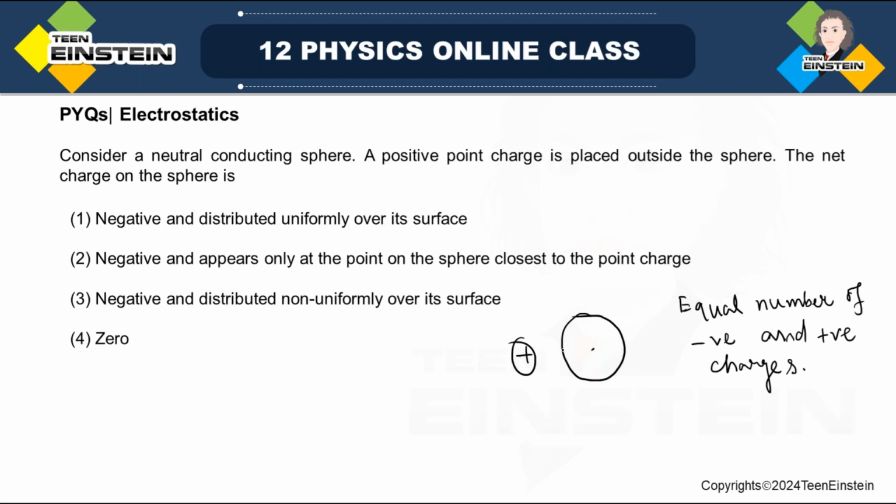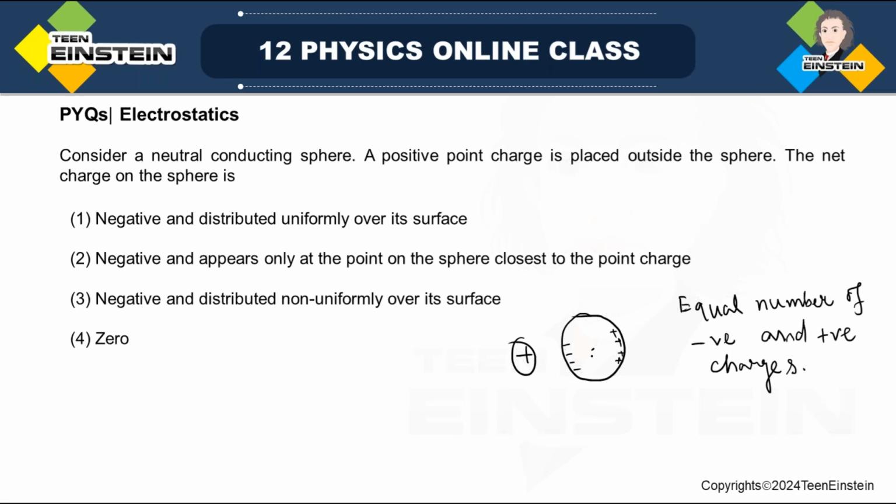The positive charges near to this positive charge will be repelled by it, so they may go this side. So there will be an excess of positive charges over here. At the same time, since the positive charges are going there, there will be negative charges appearing here.